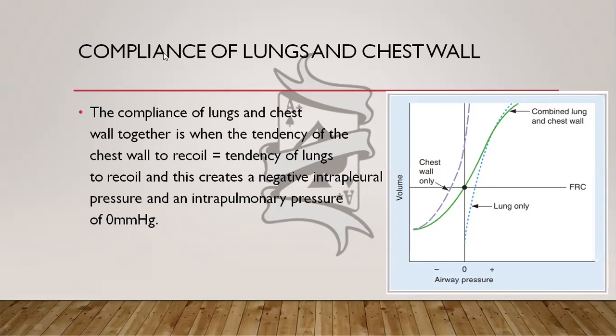In that case, you would expect that person to have no difficulty getting air out of their lungs because the lungs are always going to want to be recoiling, but they're going to have issues getting air into the lungs, which is why it's called a restrictive pulmonary disorder, because the lungs just aren't compliant anymore to facilitate any significant increase in volume. So those persons have a lot of difficulty with breathing.